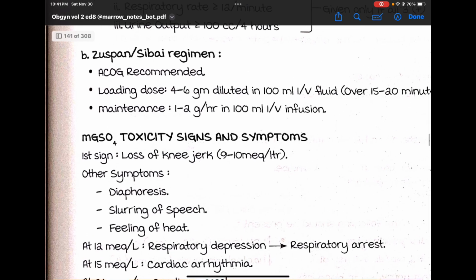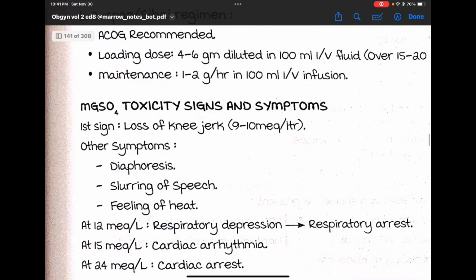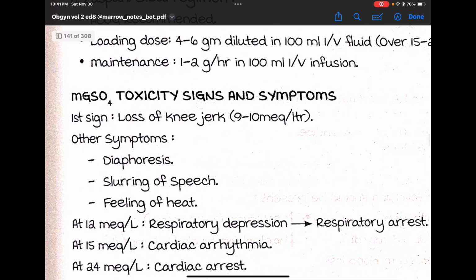Magnesium sulfate toxicity signs and symptoms. First sign: loss of knee jerk, at 9 to 10 mEq per liter. Other symptoms follow.